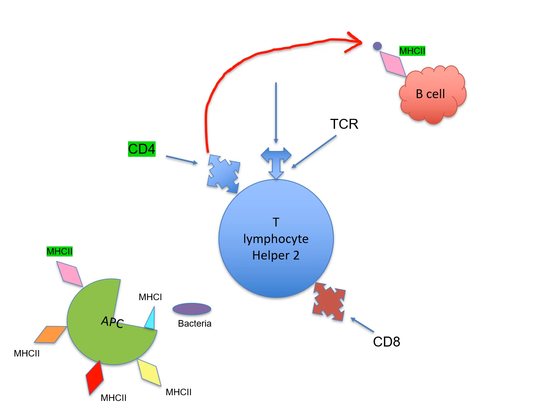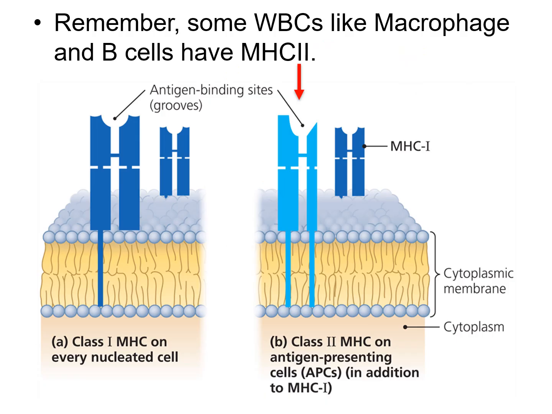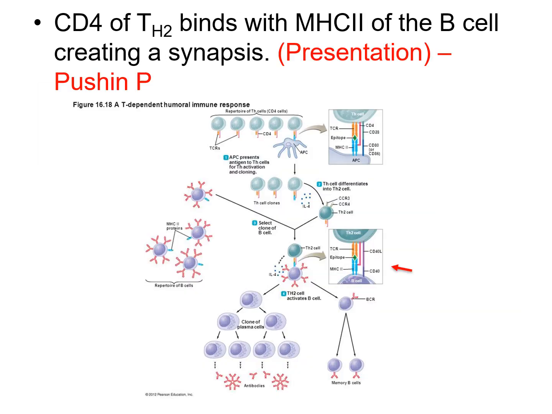Now you see the B cell has the epitope. Remember, some white blood cells, like the B cell, has MHC2. CD4 of the T helper cell, T helper 2, binds with MHC2 of the B cell, creating that synapse. That's presentation of push and P. Look at the picture.